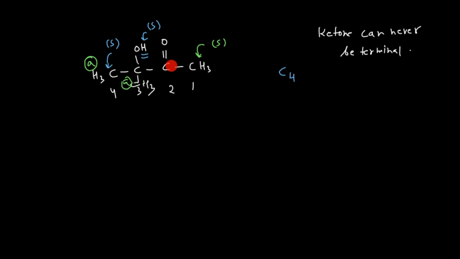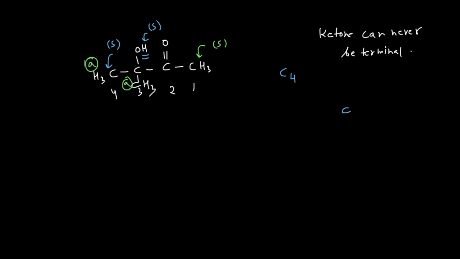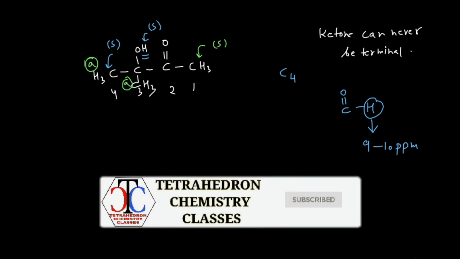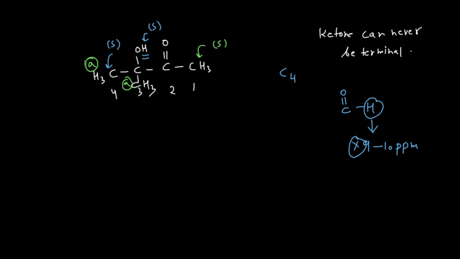But one may also think that your molecule may have some aldehyde. Again it is not possible, because the aldehydic proton resonates between 9 to 10 ppm, and this signal is also not present in the proton NMR spectrum. So this is the correct structure of the compound, right?